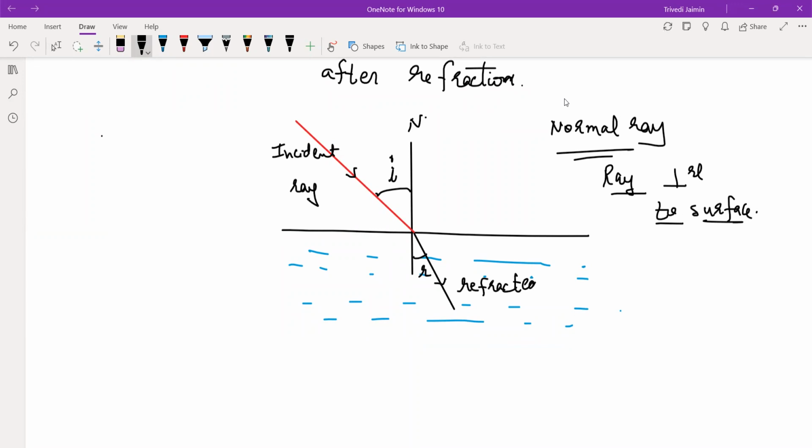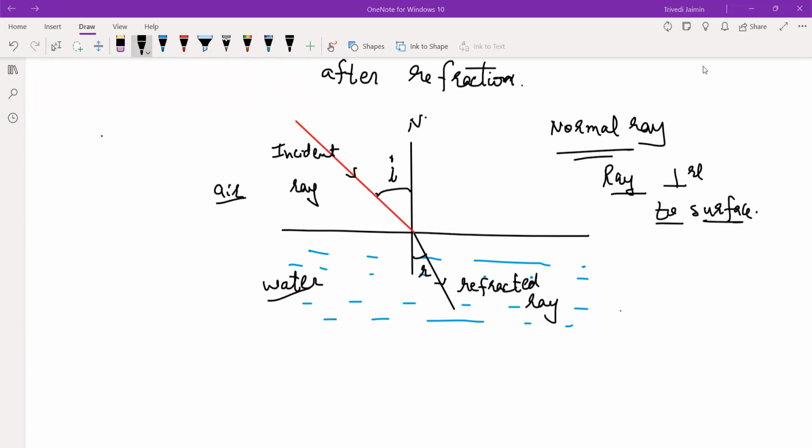Sir, what are those blue dots or lines? These are water. Okay, sir, got it. This is water and this is air. It's traveling from one medium to another. Okay, sir.